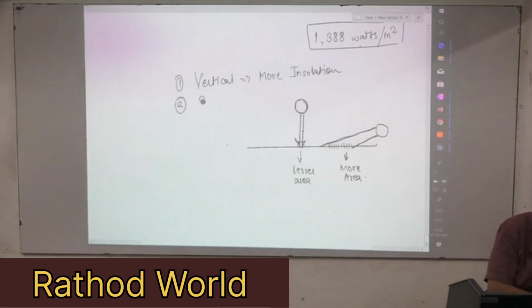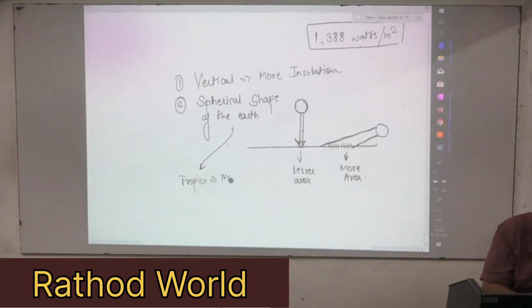सेकेंड, स्पेरिसिटी ऑफ द अर्थ, or spherical shape of the earth? इसके अंदर spherical shape of the earth, इसके अंदर क्या है? ट्रॉपिक्स, more insolation.